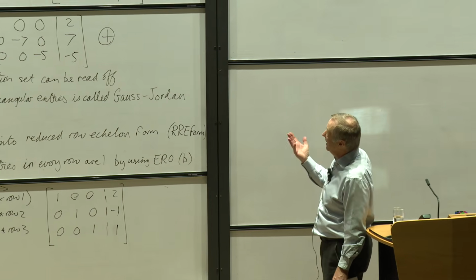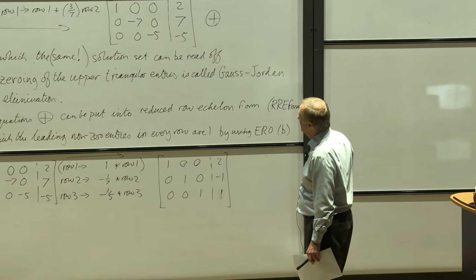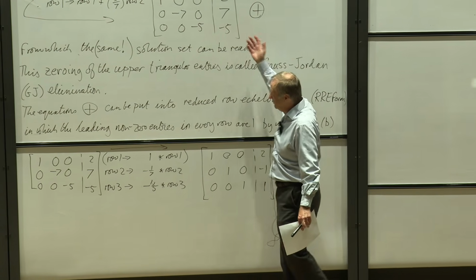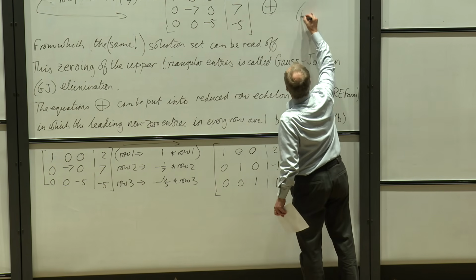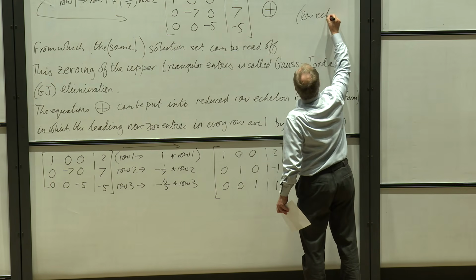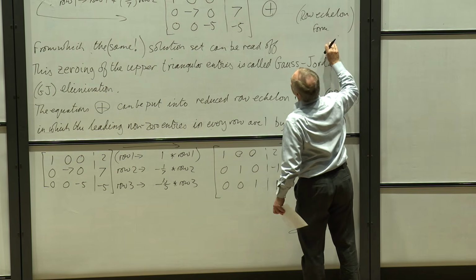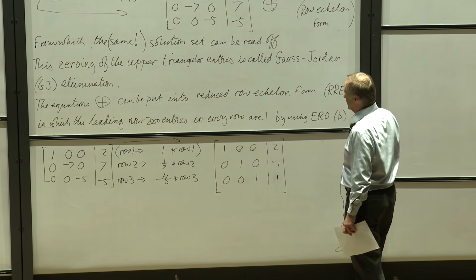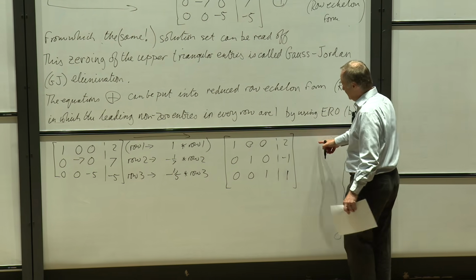We could go further and use Gauss-Jordan elimination to find this form, which is in row echelon form, right? This is row echelon form, as I say. Sorry, I must get this right. And this is the reduced row echelon form.